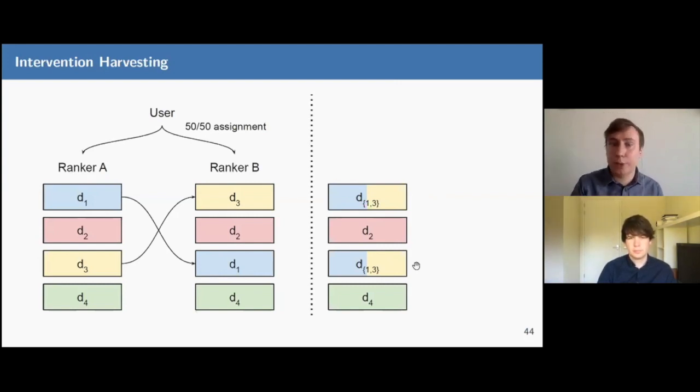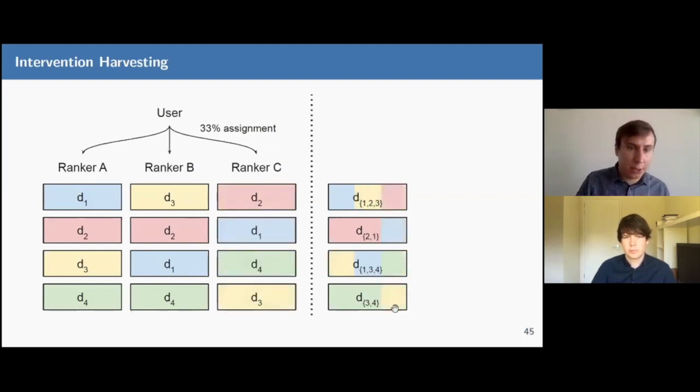The problem here is that we cannot say anything about essentially document 2 or document 4 because that intervention simply didn't take place. The idea is that if you have sufficiently many A/B tests, then also for rank 2 and rank 4, we'll eventually get some amount of data that can help us infer the relative preferences there.